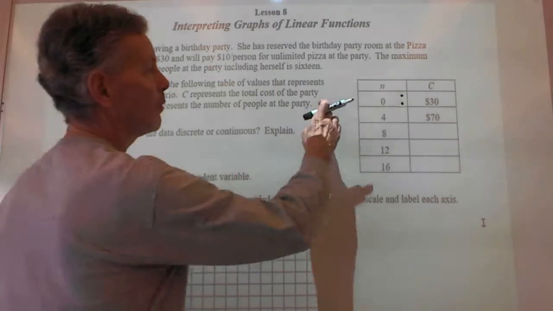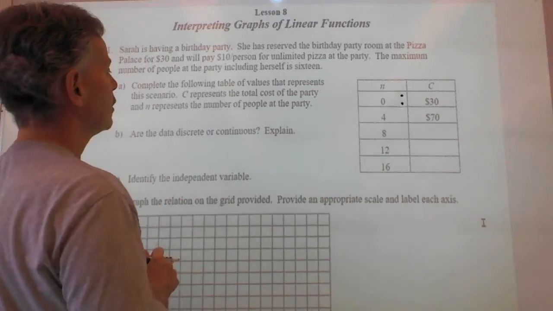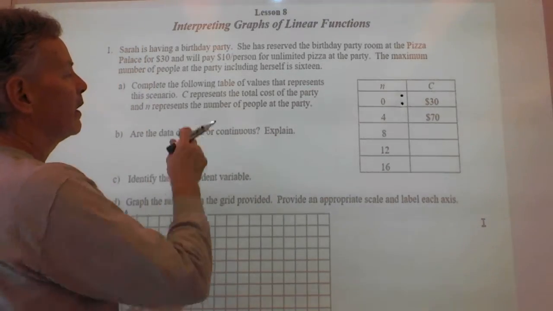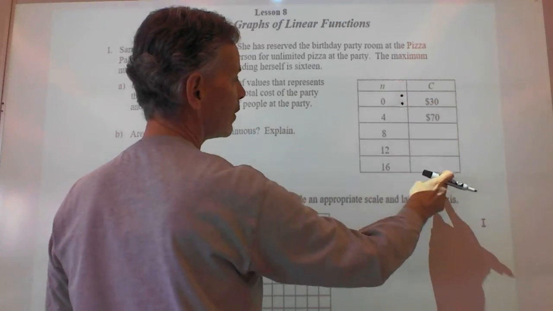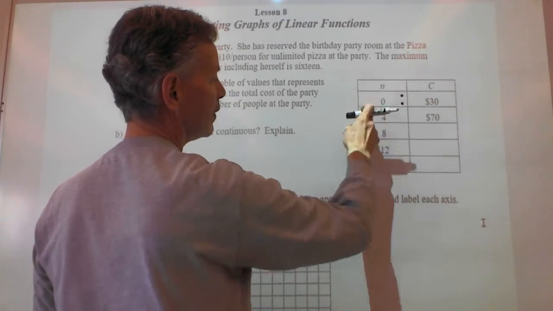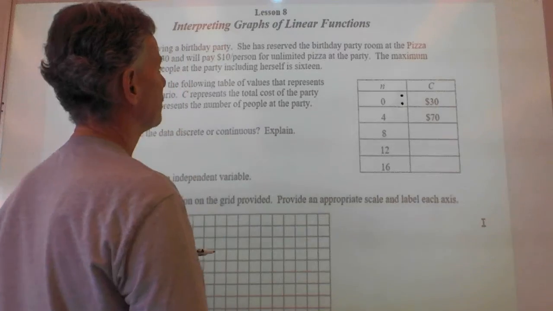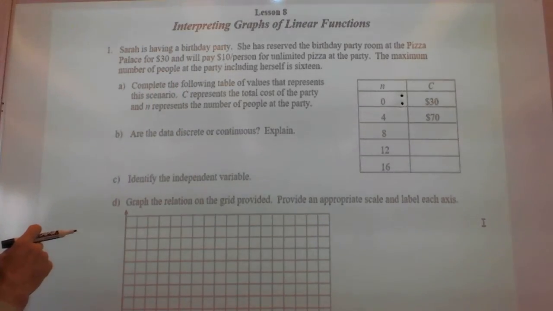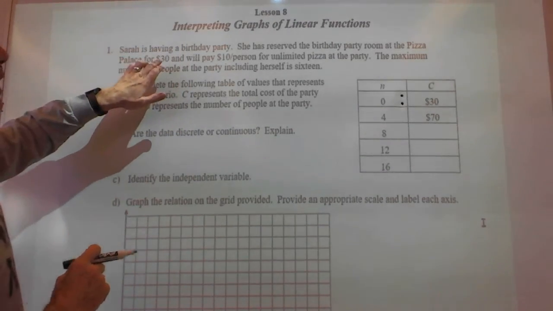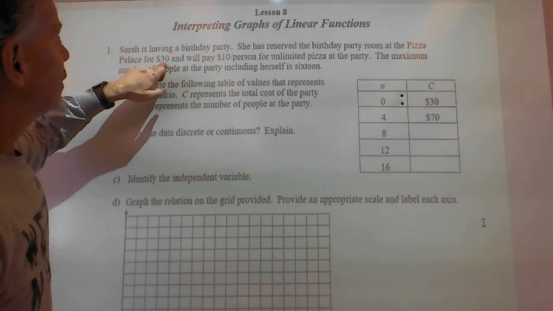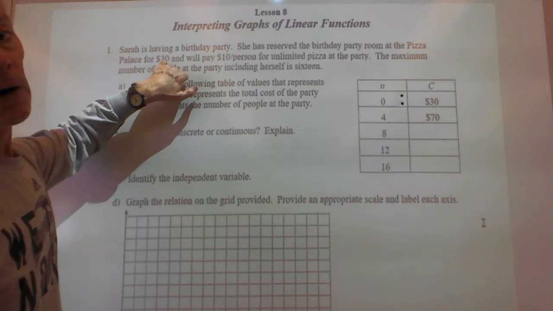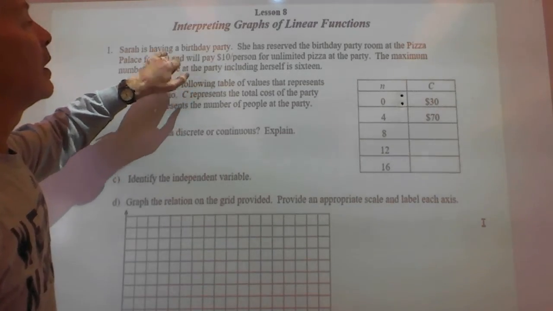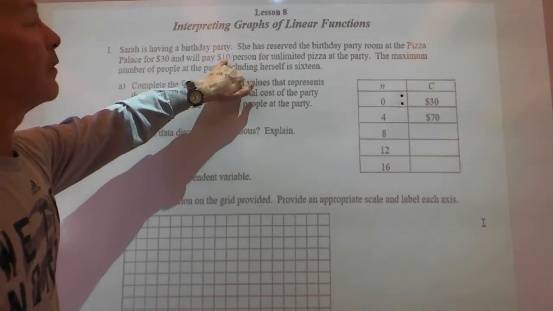So what we've got here is a table of values, and that table of values tells you the total cost for different numbers of people at the party. Okay? And so remember, even if nobody comes, even if she's the only one there, she still has to pay that $30 to rent the place and then $10 for herself.